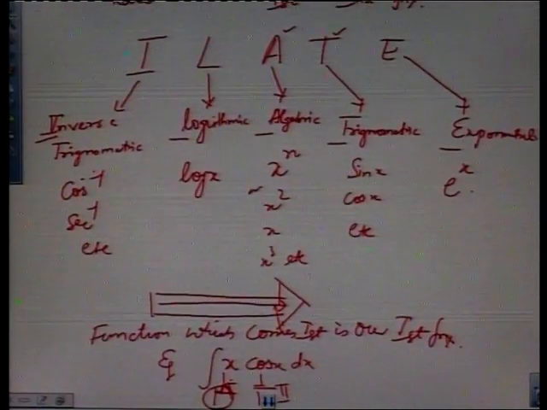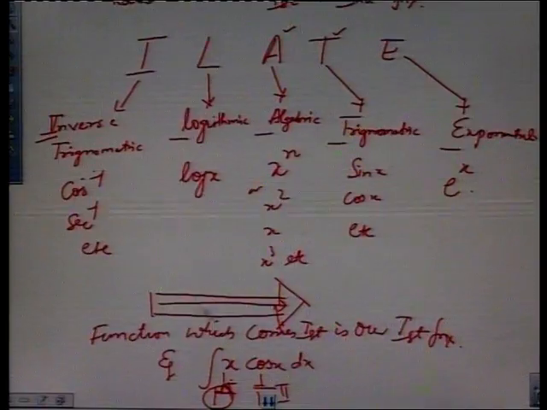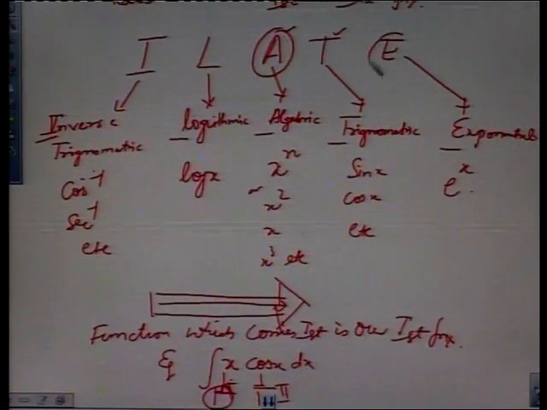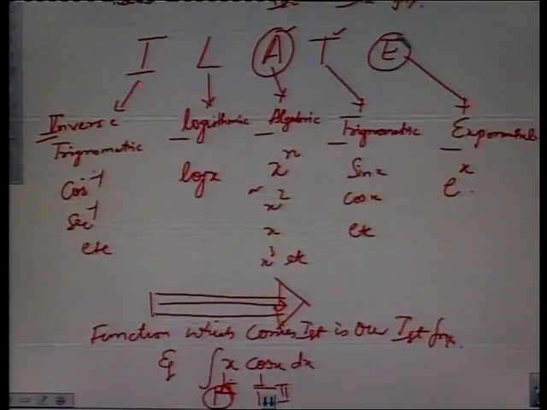If we move in this direction, as stated by the arrow, the algebraic function comes first and then we get the exponential function. So x will be our first function and e raised to power 2x will be our second function.